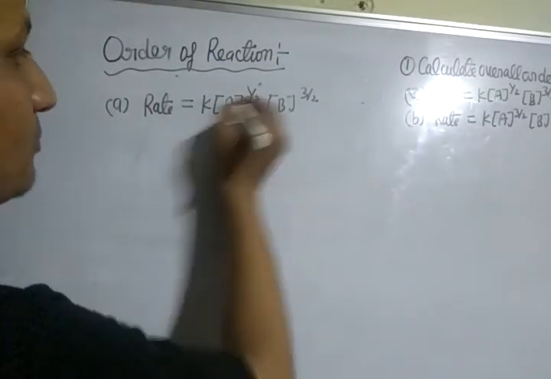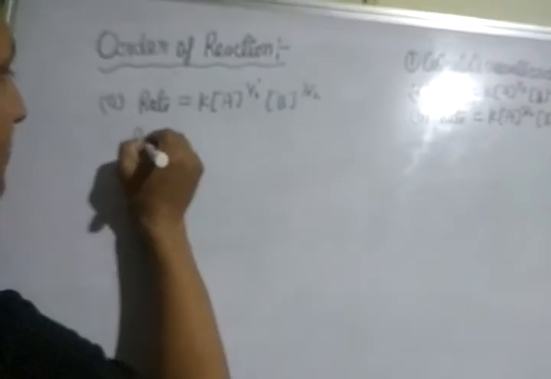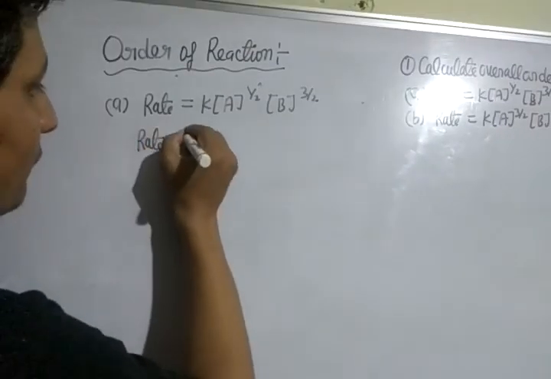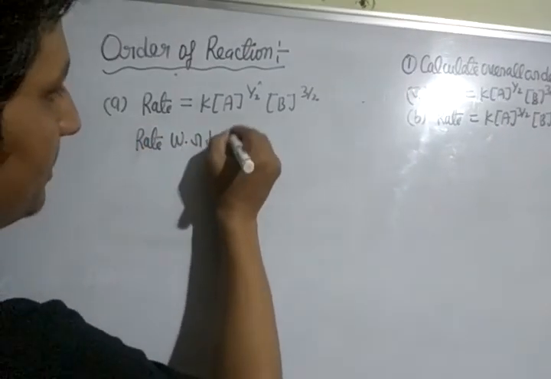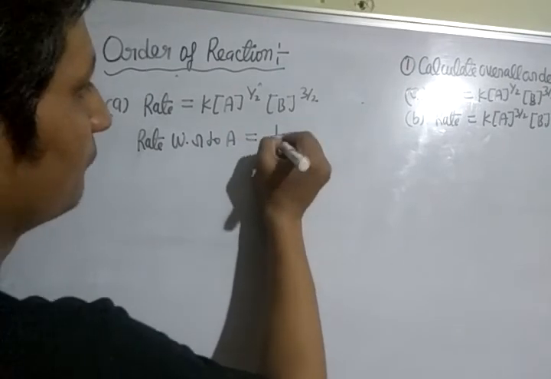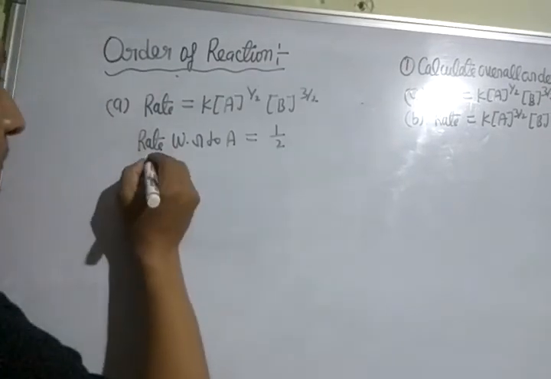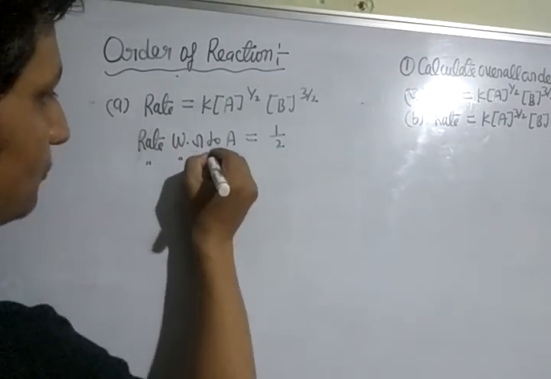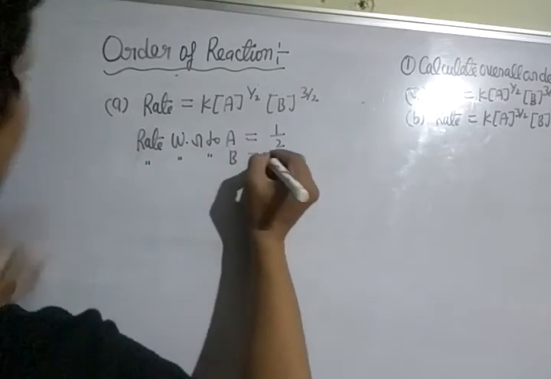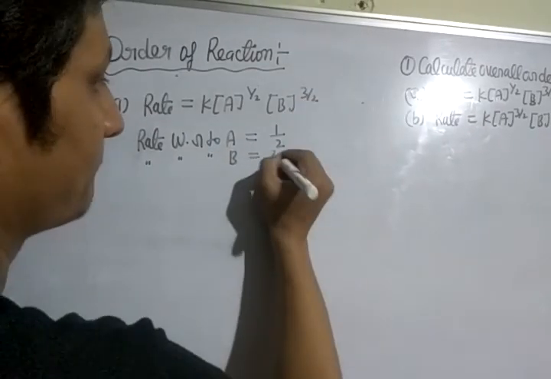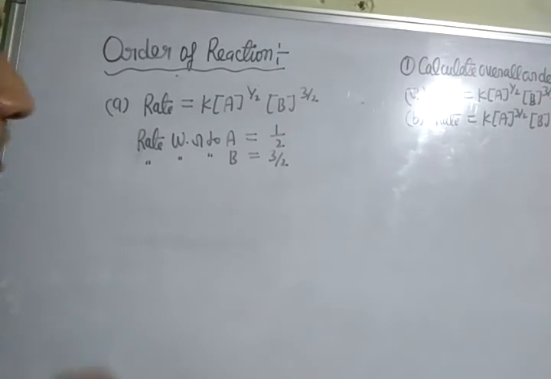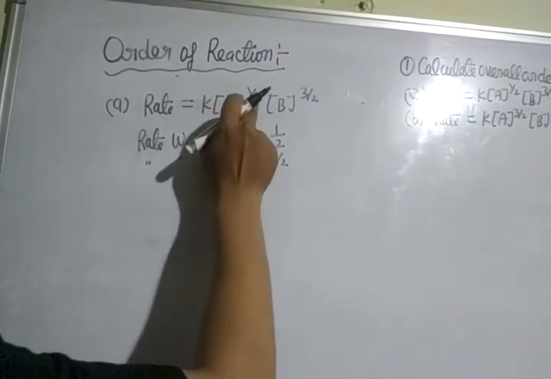So rate with respect to A is 1/2, rate with respect to B is 3/2. Okay, and this is the order, means power.